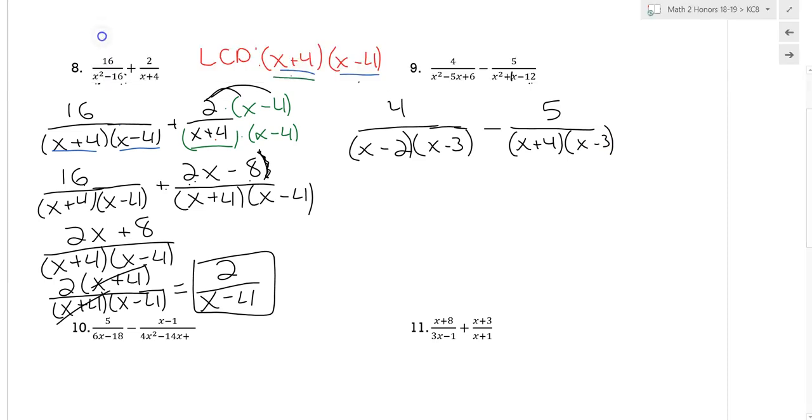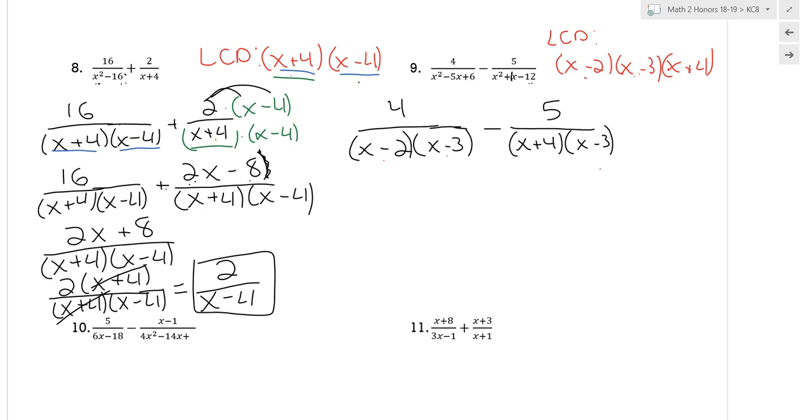So now we want to do our LCD on the side, right, or on top. In this one, we have these two factors. Okay. Now, starting back at the beginning but not repeating, I don't have an x plus 4 yet, but I do already have an x minus 3. So then we're good.